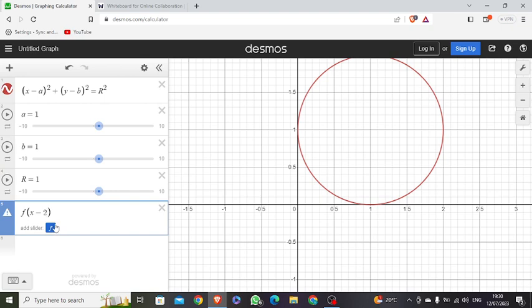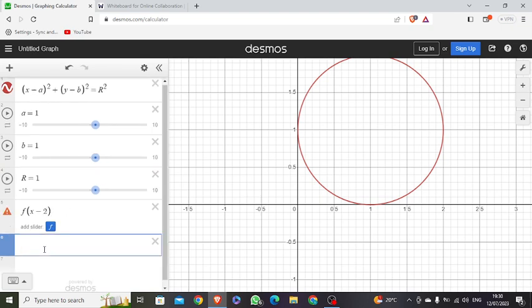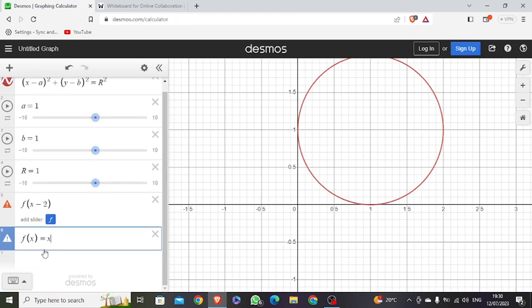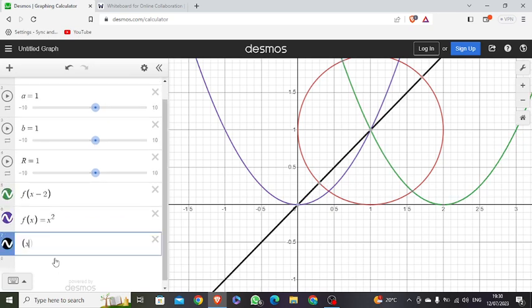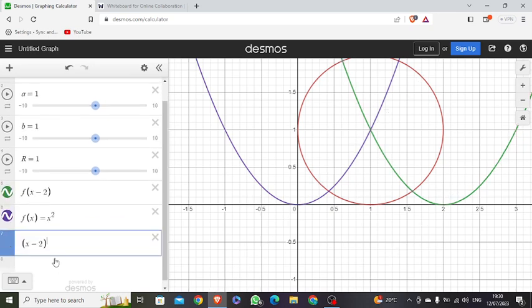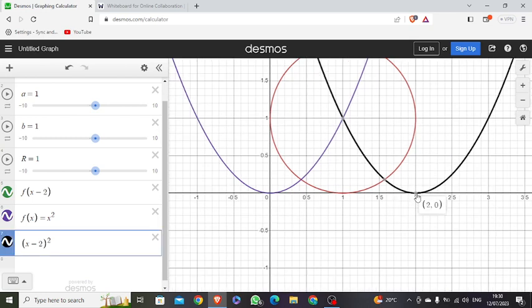So basically what happens here is, if f of x equals x squared, then f of x minus 2 becomes x minus 2 squared. And let's not expand that for now, but you could if you wanted. But as you can see, the turning point and even the solution seems to have moved forward instead of backwards.